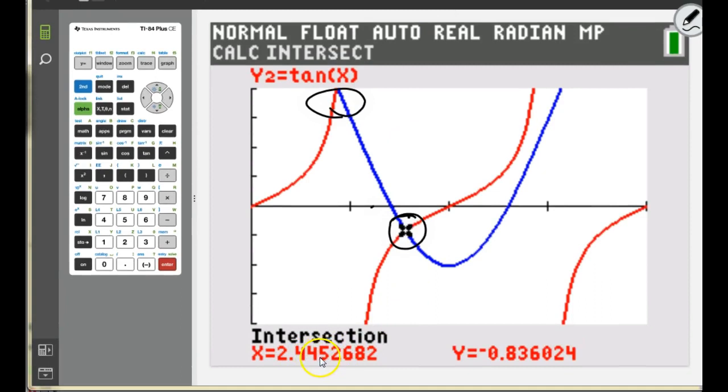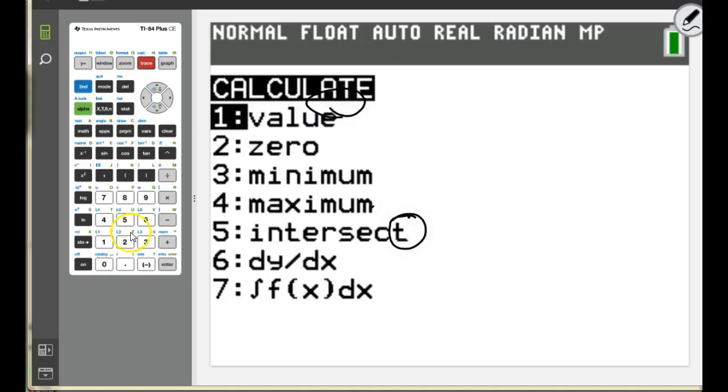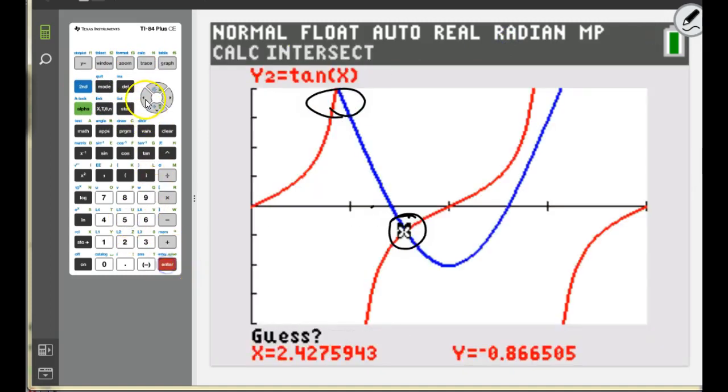Anybody get 2.445? Then if we go second trace, intersection, enter, enter, and scroll up close to this one somewhere, there I am. It's 1.335.